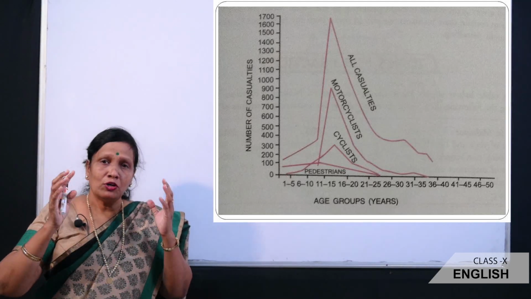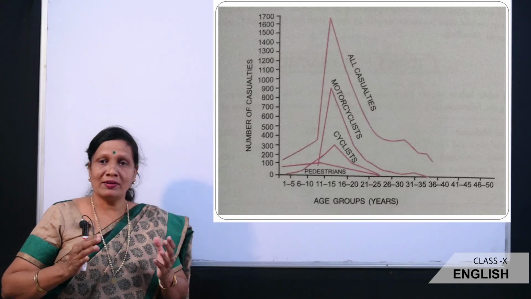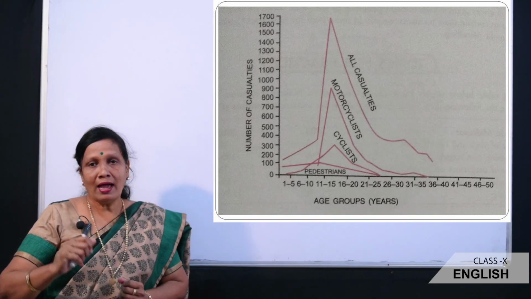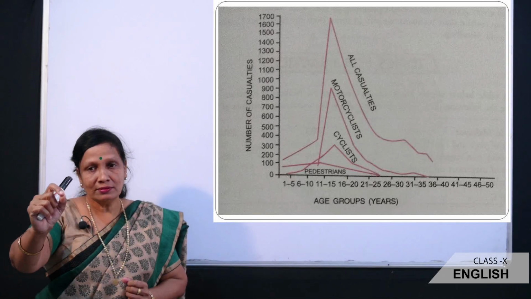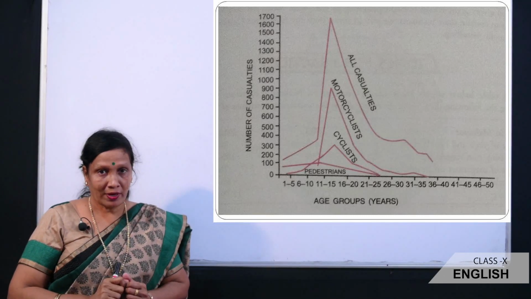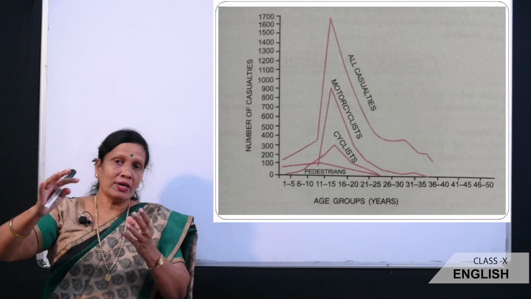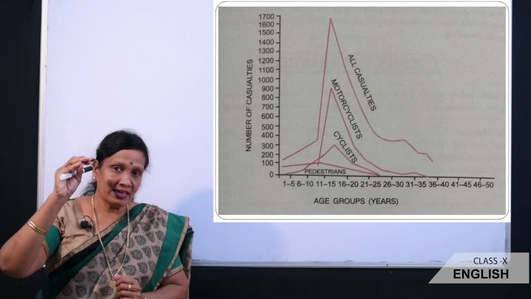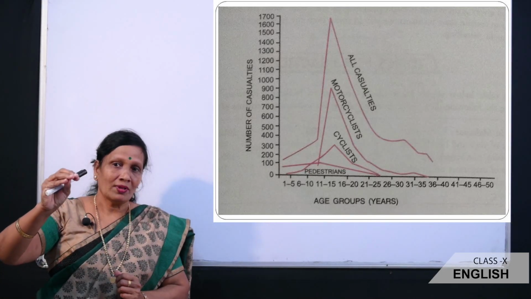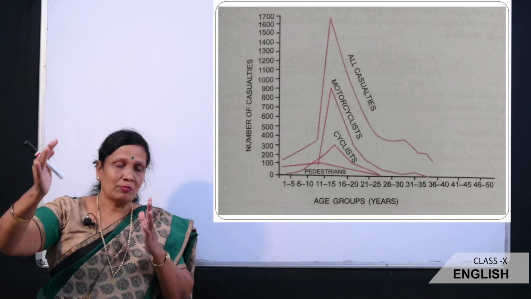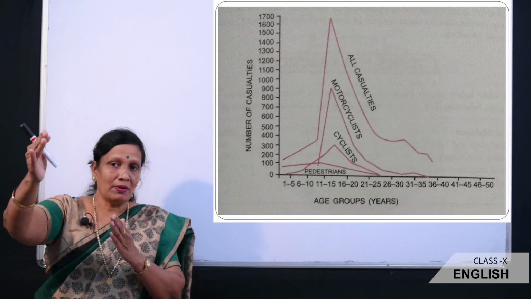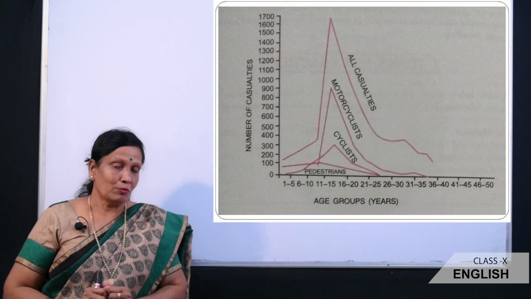So you all are aware that, okay, and also you can see pedestrians, right. So when you look at this graph, you have to very carefully look at the pedestrians, the people who ride cycles, and the people who ride motorcycles.